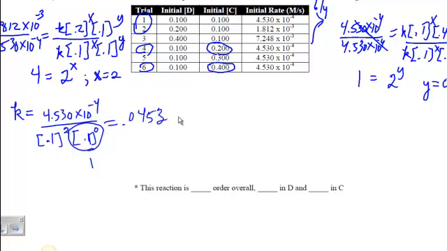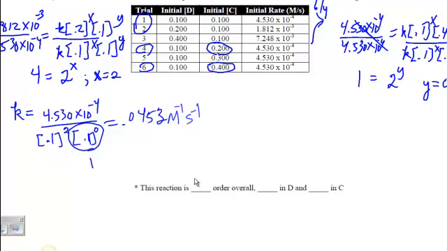And that would be in terms of inverse meters and inverse seconds.